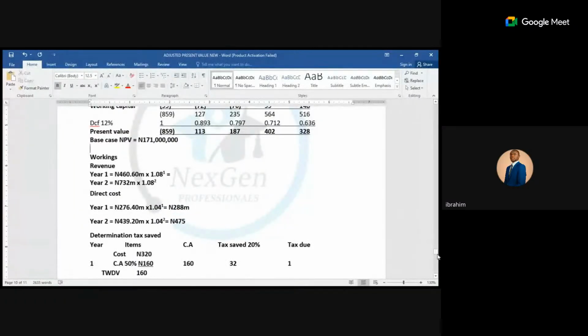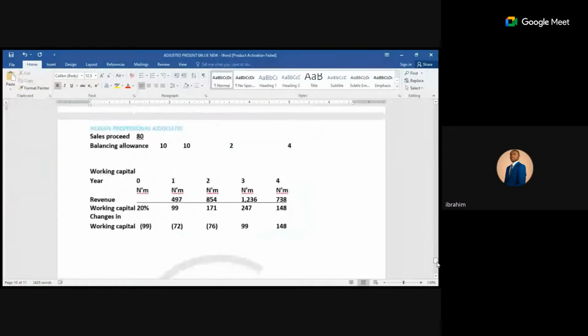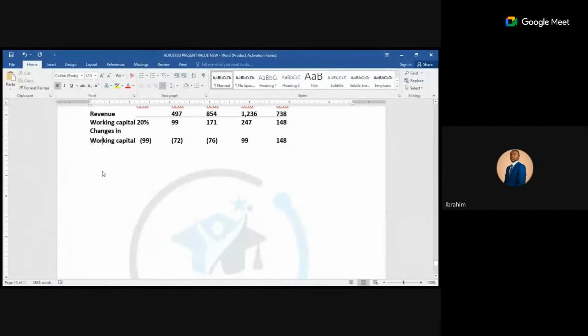to the PV of financing effects. That is the second item. The first thing you should identify is the sources of finance.